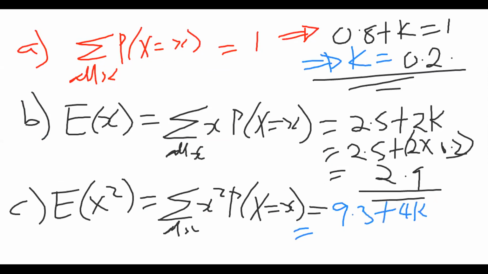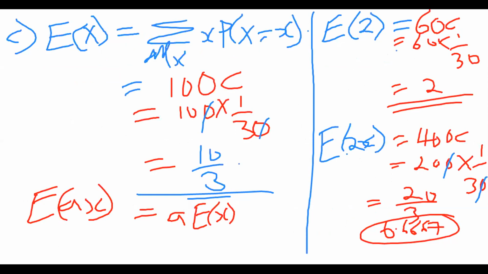Is the same as 9.3 plus 4 times 0.2. What does it give us? 10.1. 10.1, correct. Once you have got those, then the others become very simple.